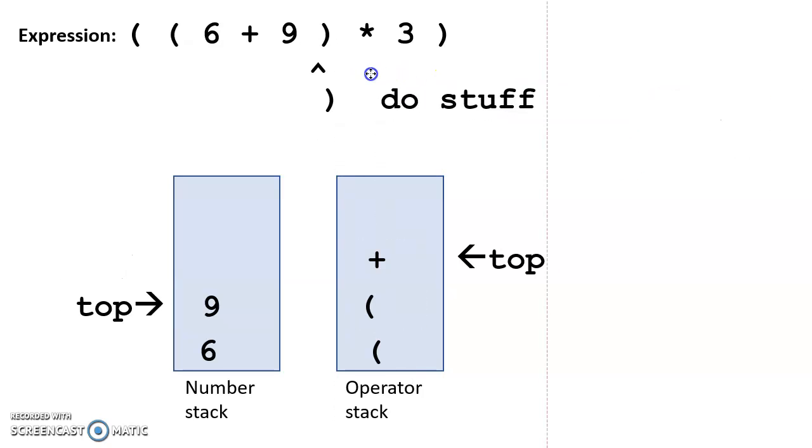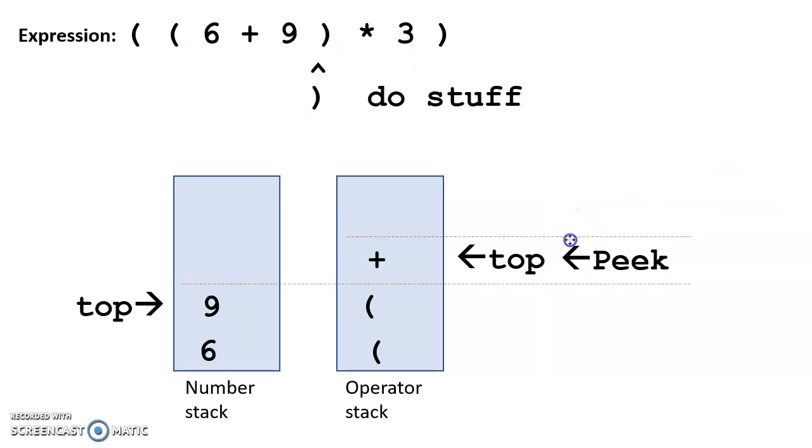And this is where we're going to do stuff. One thing I'm going to do is take a peek at the top of the operator stack. If what is there is an open parenthesis, then all I have to do is take the value that's on top of the number stack. That's not an open parenthesis it's peeking at. The top of the stack currently has plus.